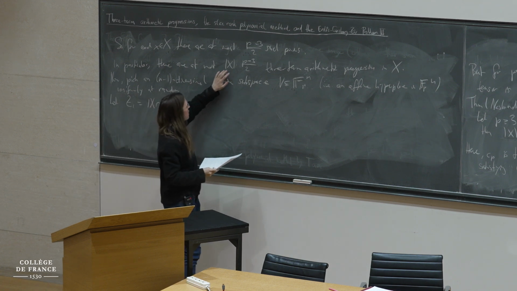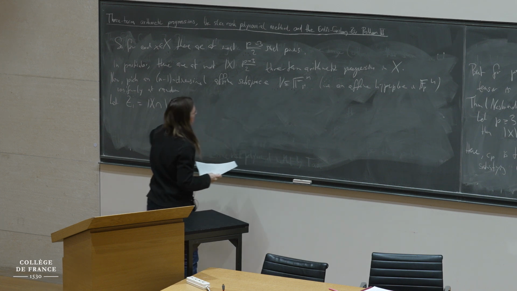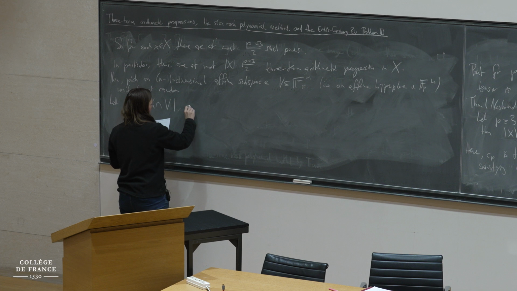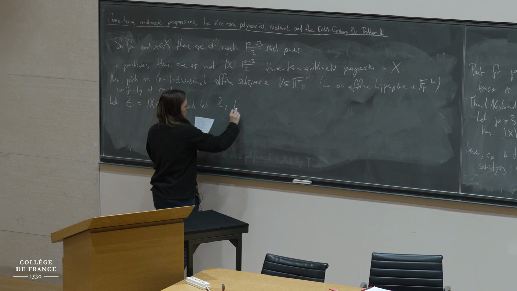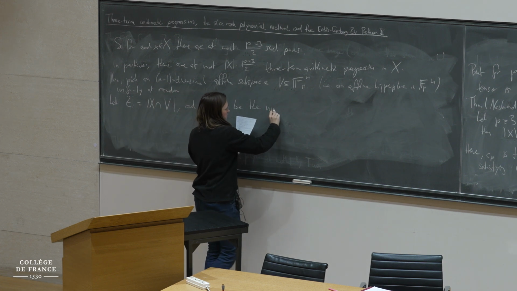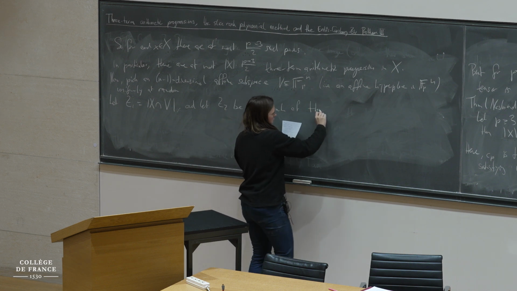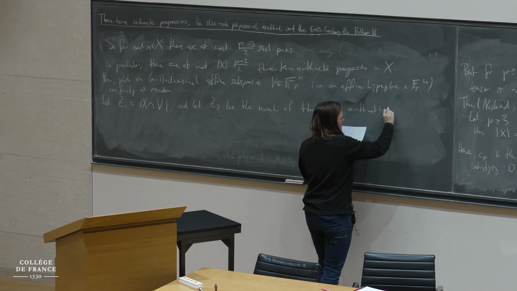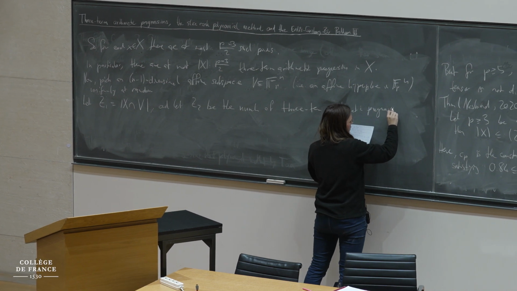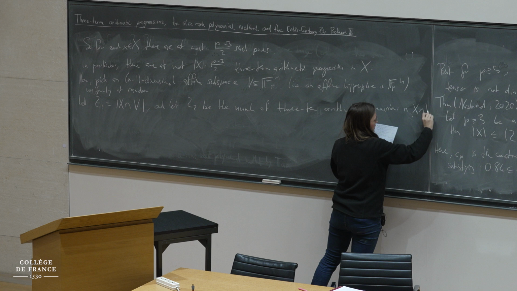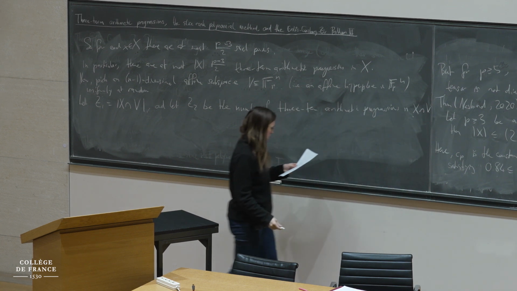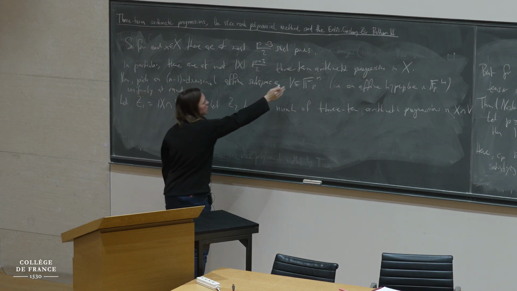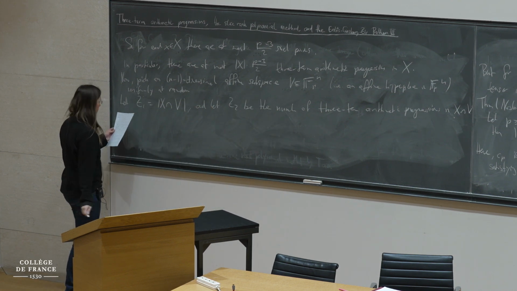So Z1 is the size of the intersection of X with V, in other words the number of points in X which lie in V. And let Z2 be the number of three-term progressions in this intersection. These are random variables and they depend on the outcome of V. So V is random, so Z1 and Z2 are random.